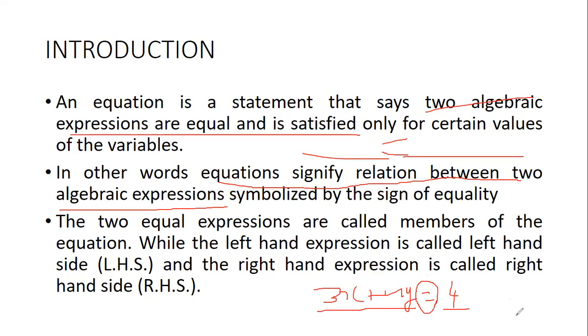So this is called an equation. For easy understanding, we will name both sides. Your left side is called LHS, which means left hand side. And your right side is called RHS, which is nothing but right hand side.